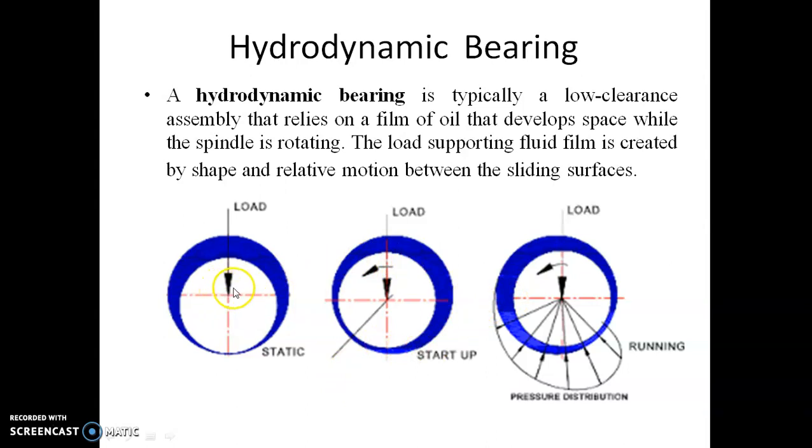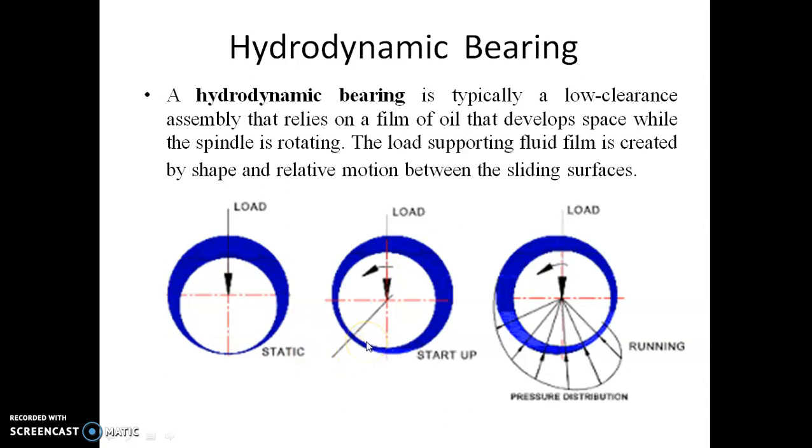Initially, when the shaft is at rest, it is at the bottom and there is contact between the shaft and bearing. As it starts rotating, it climbs on the bearing and makes contact at a different point.